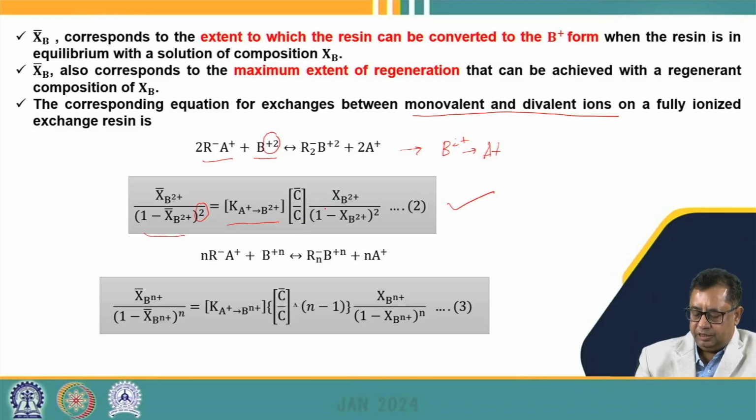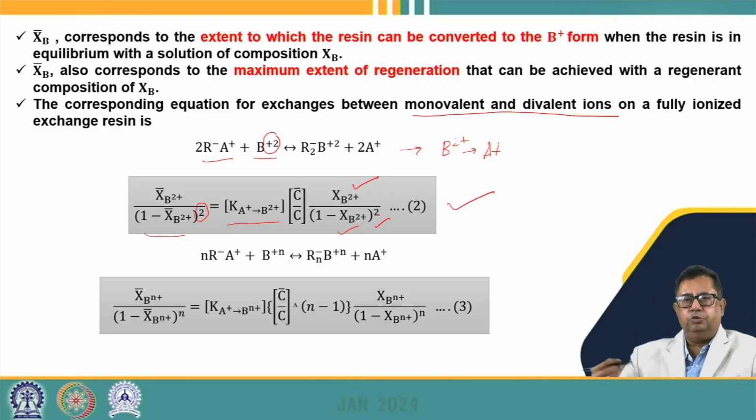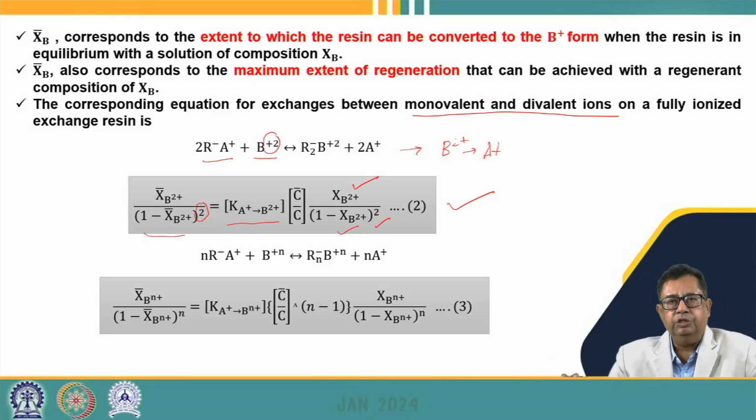Similarly, the fraction remaining in the solution divided by the fraction not in the solution, that is 1 minus x b 2 plus, and this whole squared. So basically the square term comes here. In that case, where the divalent ions are replacing the monovalent ions, this equation may be applicable for finding the fraction of ions in the solution and the fraction of ions on the resin.